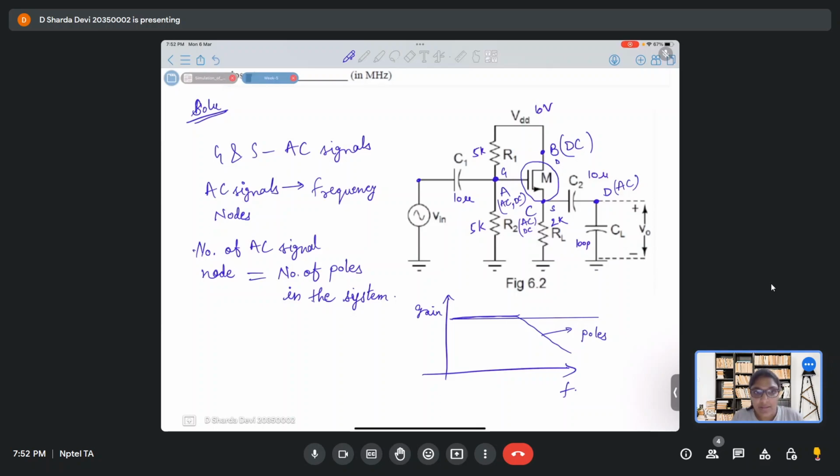In this there is gain and there is bandwidth. When we are talking about amplifiers, there are a few figures of merit we need to keep in mind.